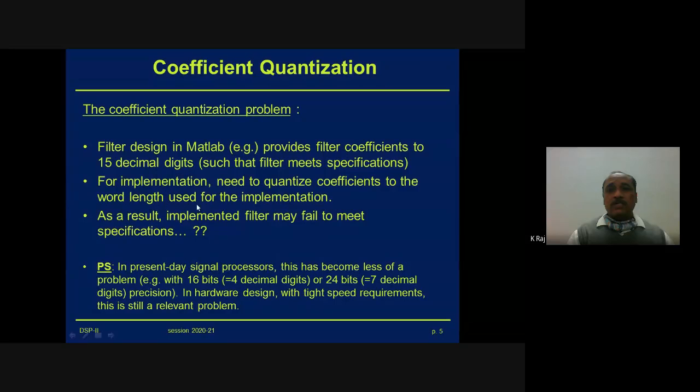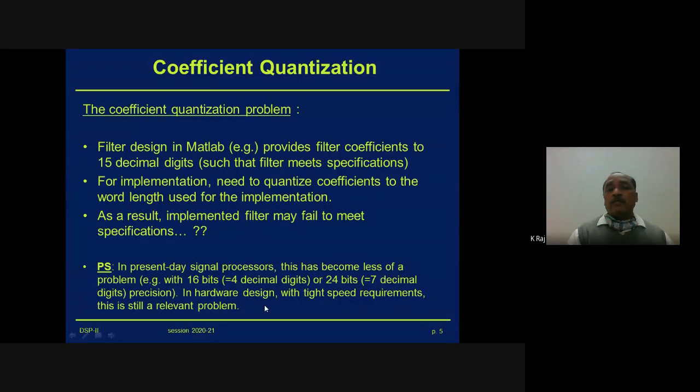Similarly, in present-day signal processors, this has become less of a problem. For example, with 16 bits available, 4 bits for each decimal digit, 4 decimal digits can be utilized. Similarly, for a 24-bit processor, 7 decimal digits are present.